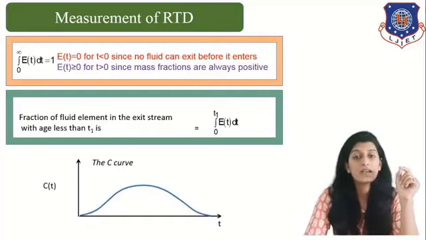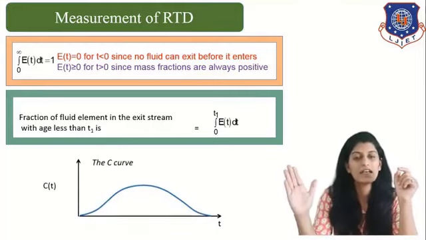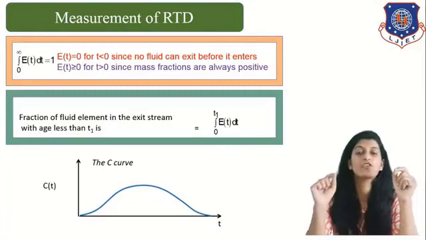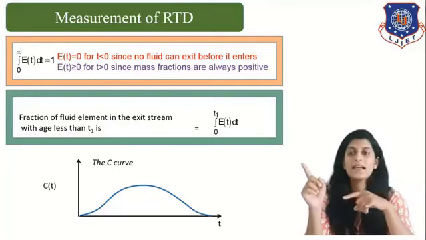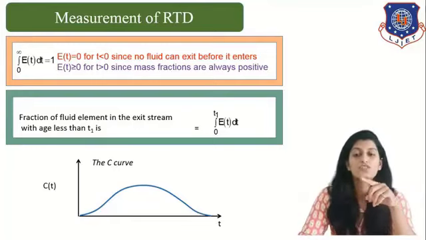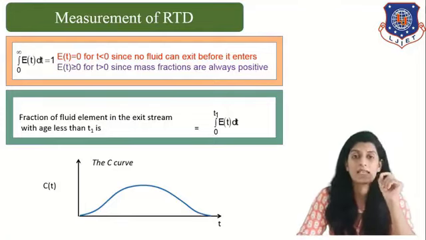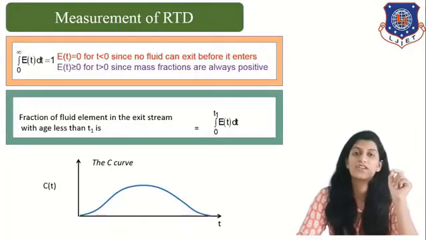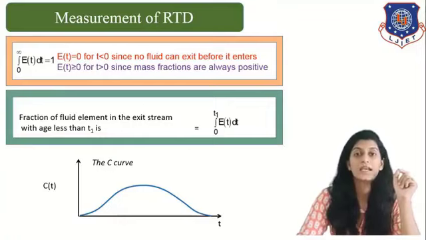This will be the curve between concentration of tracer on the y-axis and time on the x-axis. We just need to plot a graph between time and concentration, and that gives a smooth curve known as the C curve.